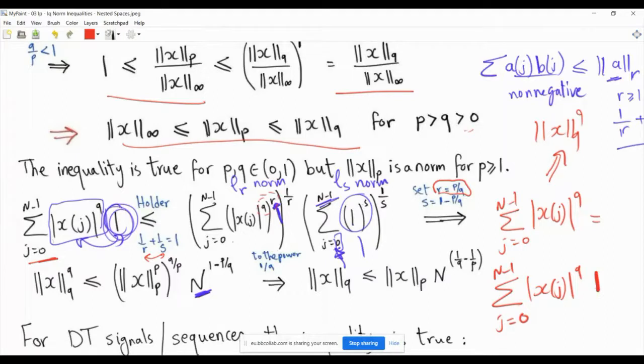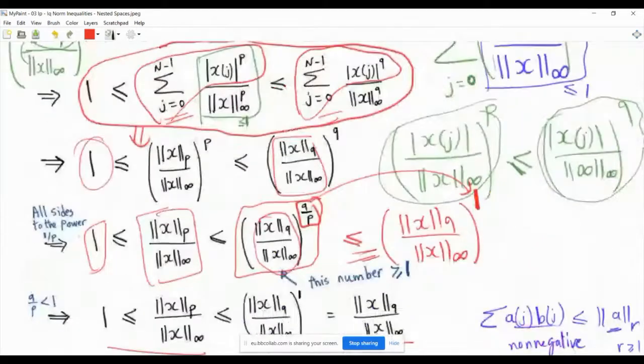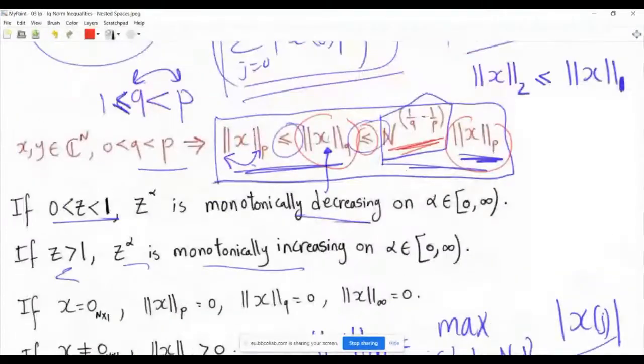This now will replace the qth power by the pth power, so on the left hand side we have the LQ norm, and now you have the LP norm on the right hand side. So again, this trick is because we want to prove this part of the inequality.